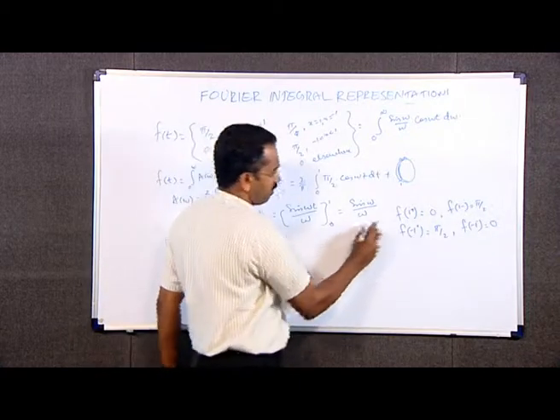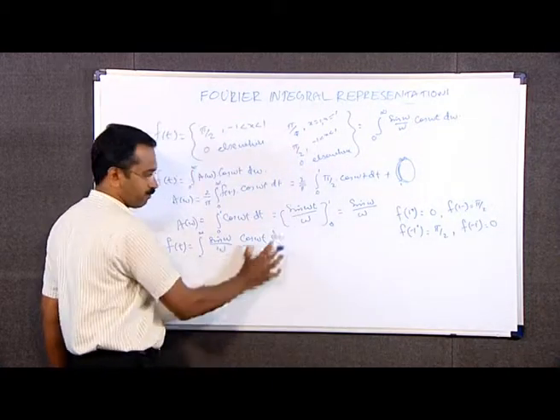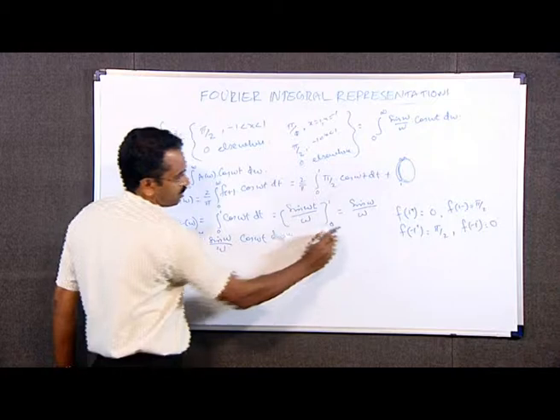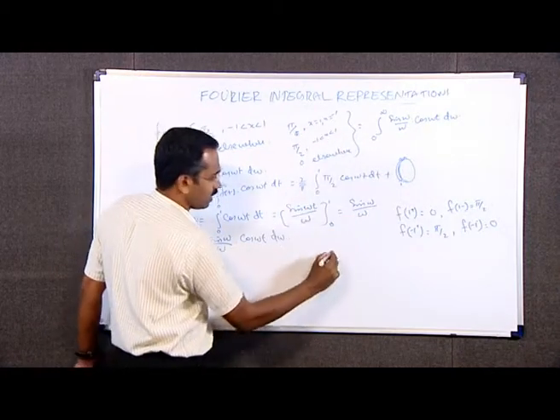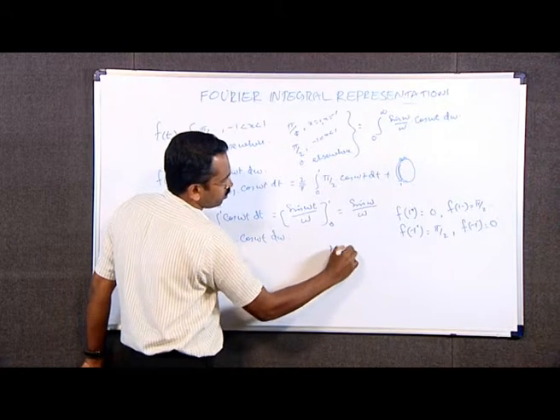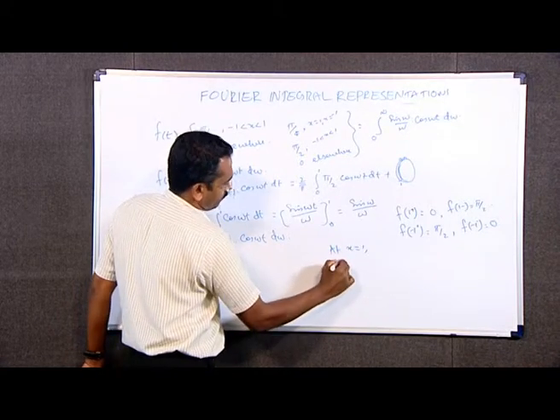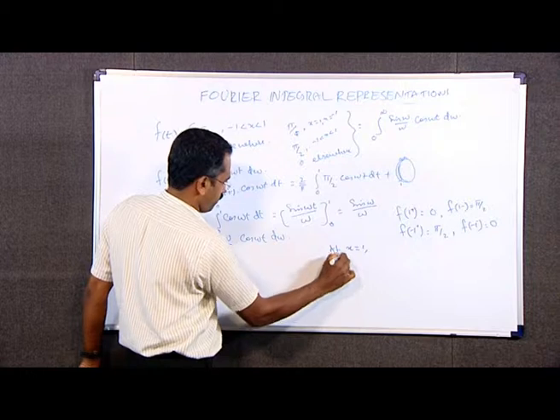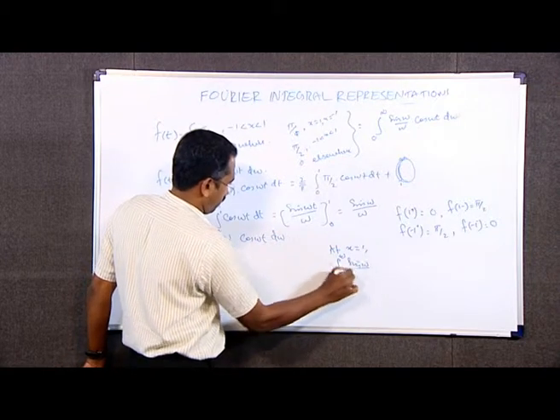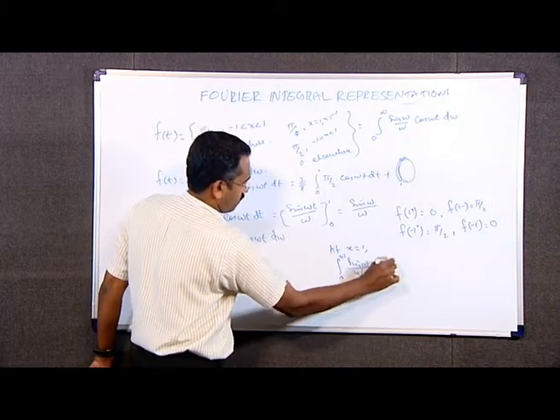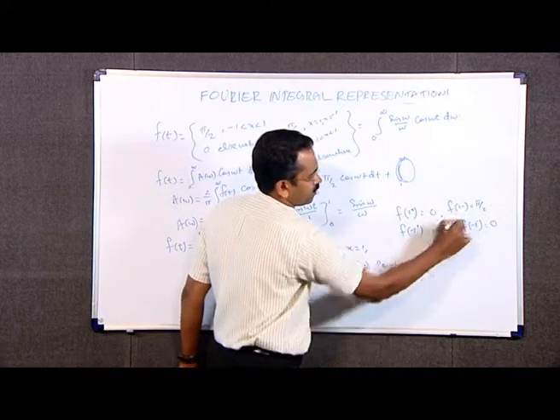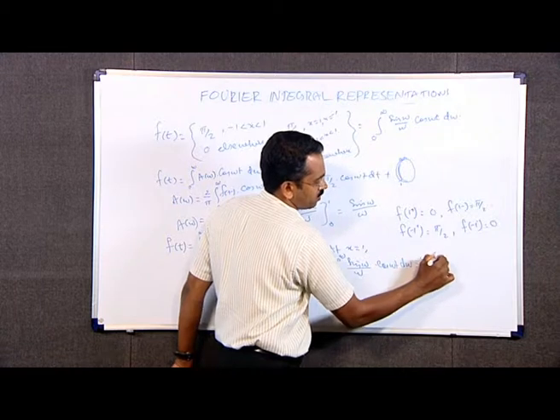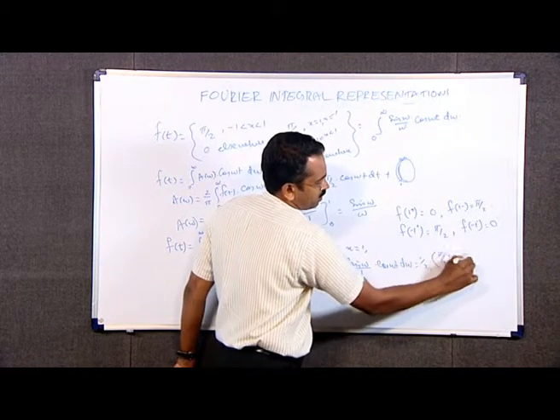Therefore, we write the value of this integral at x equal to 1 as 1 by 2 into 0 plus pi by 2, that is pi by 2, which is equal to pi by 4.